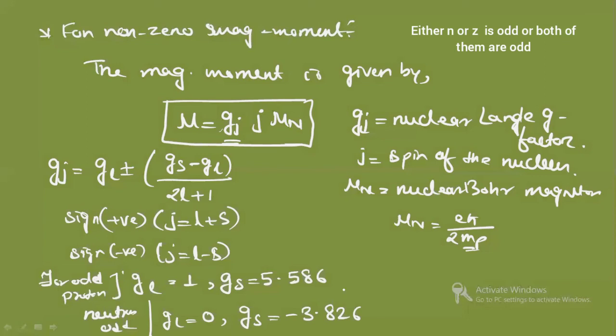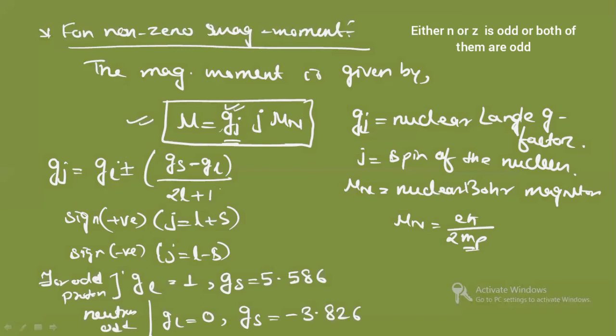I'm repeating once again: the nuclear magnetic moment will be non-zero if either the proton number or neutron number, or both, are odd, and it is given by mu equals G_J times J times mu_n. Here G_J is the nuclear Landé g-factor, J is the nuclear spin, and mu_n is the nuclear Bohr magneton, e h-bar by 2 m_p. G_J can be written as G_L plus or minus (G_S minus G_L) by (2L plus 1).